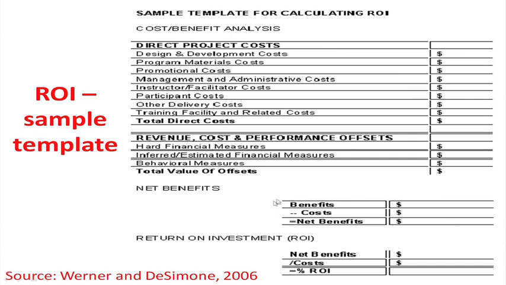So, once costs and benefits are known, then what you do? You find out what is the benefit, what is the cost, and then what is the net benefit that you have arrived at. Okay. And then you can calculate it in percentage terms, that is net benefits divided by cost, okay, multiplied by 100. So, it becomes your ROI in percentage, right.